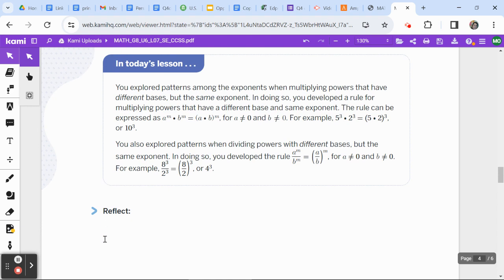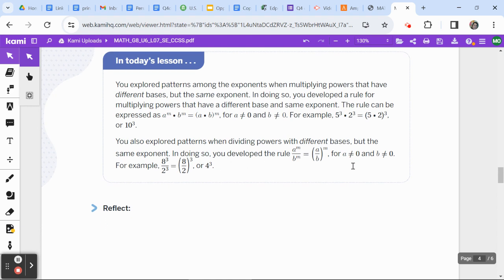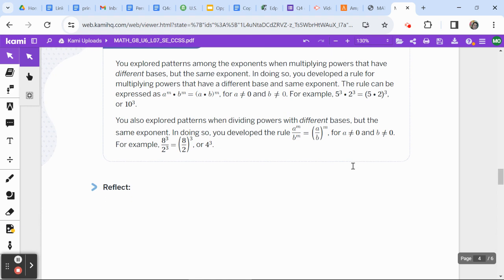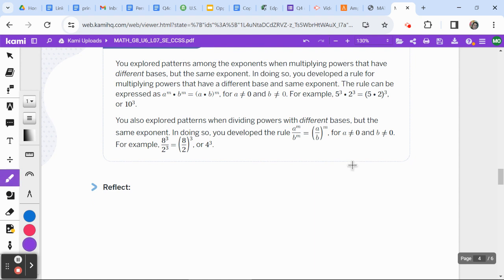So here's your summary, kind of retelling you about the rules. Okay. Now remember our other rules that we had. If you have a to the n times a to the m, you add n plus m. Okay, that's the same base but different exponent.